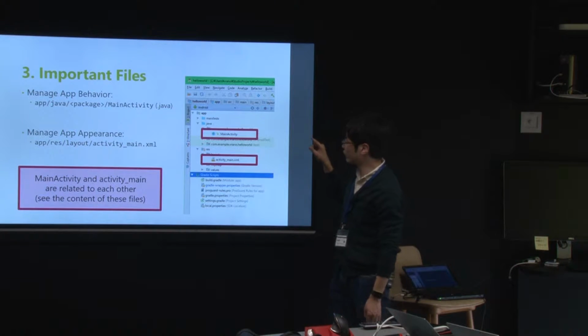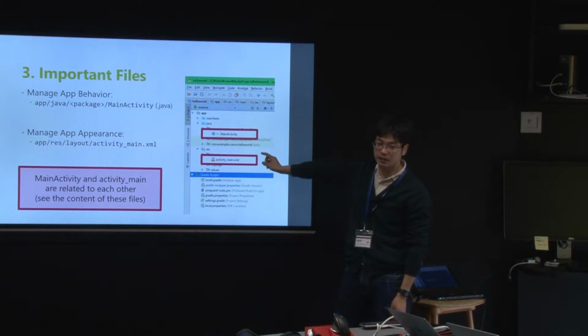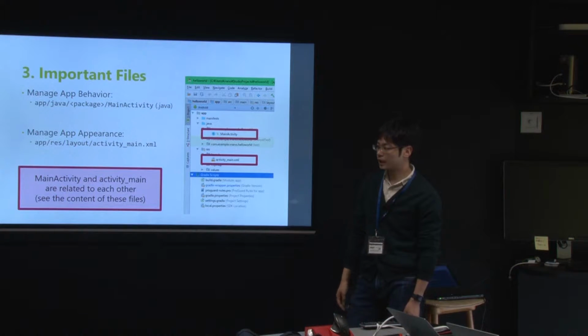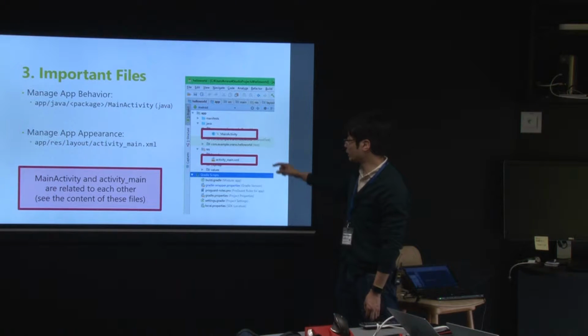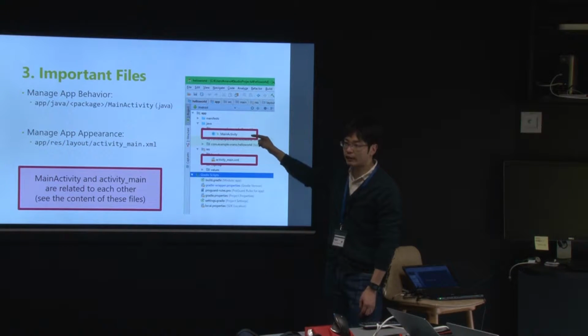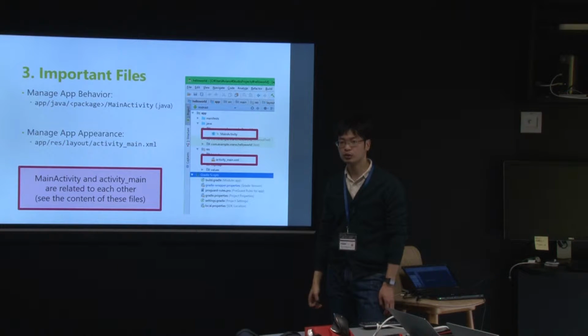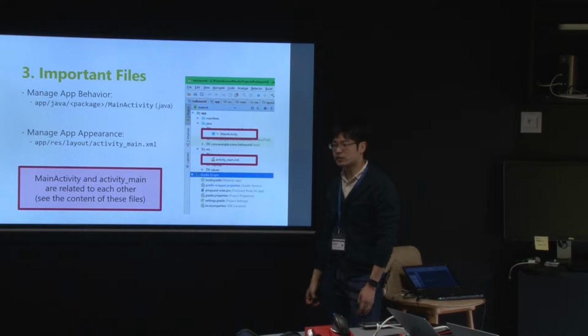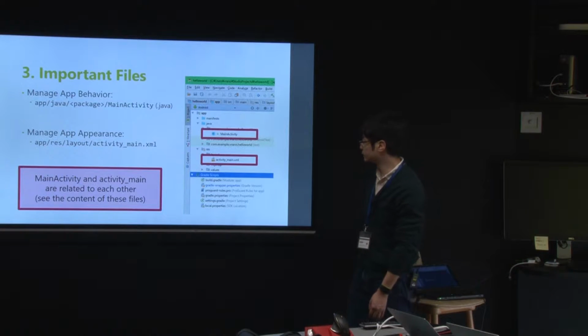So the first screen will be the main activity, but this one, app Java com main activity, is just logic. What is written in this file is just how to drive the application. The user interface is not included.